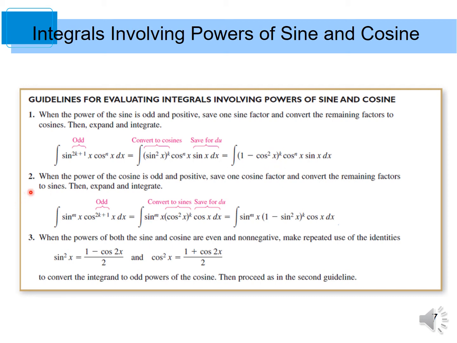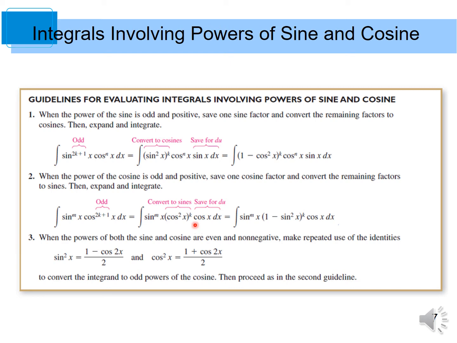Second, when the power of the cosine is odd and positive, so we break it into 2k plus 1. Save one cosine factor, which is cos to the power 2k of x times cos x, and convert the remaining factors to sine.